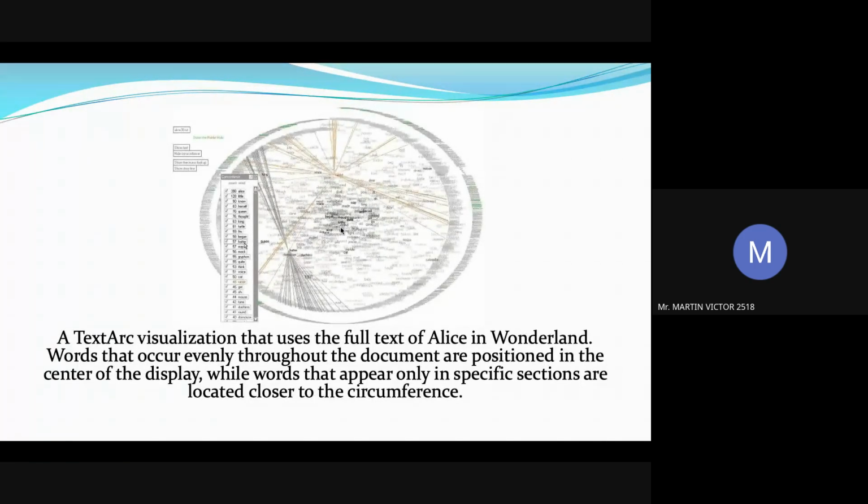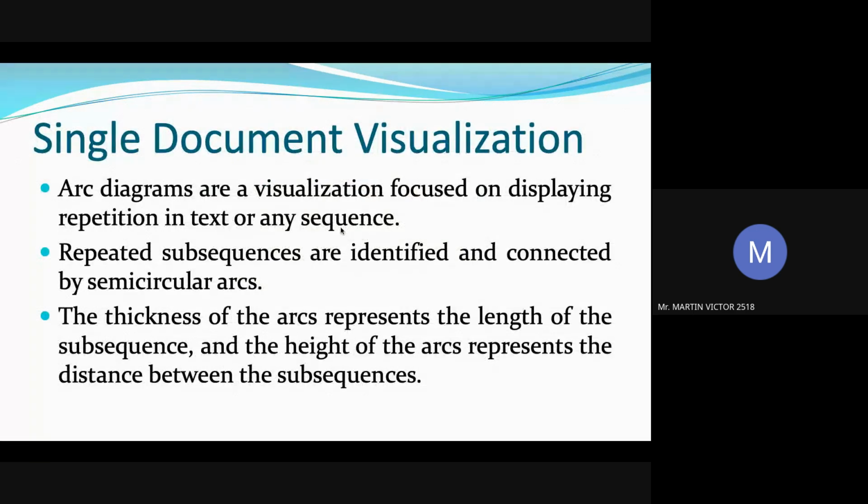Now, this is another form of text visualization coming under single document visualization. So firstly, word cloud. Secondly, word tree. Third is text arc. And the fourth one is simply arc diagrams.